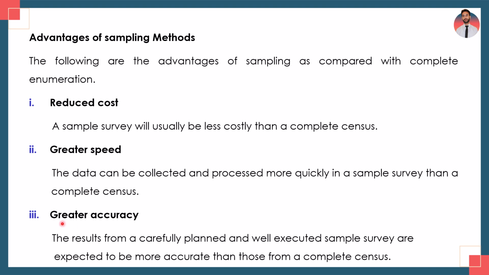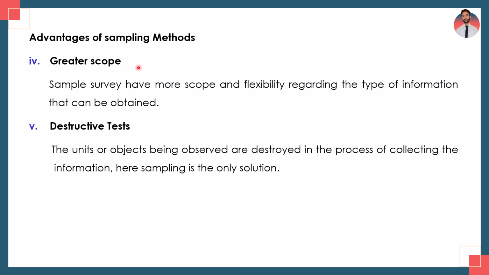In the third point, greater accuracy. The results from a carefully planned and well executed sample survey are expected to be more accurate than those from a complete census. Fourth point is the greater scope. Sample surveys have more scope and flexibility regarding the type of information that can be obtained.